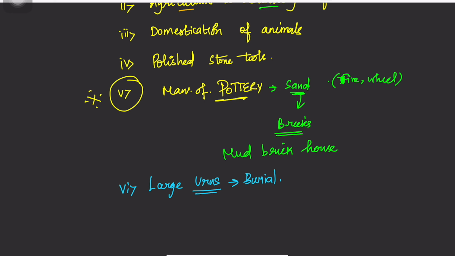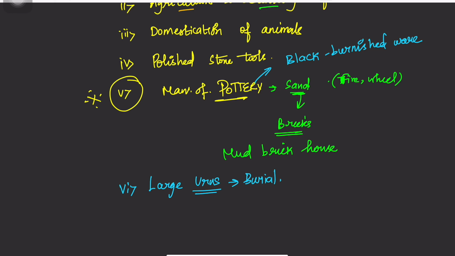Here you can say the pottery for Neolithic was black burnished ware or grey ware. Okay, black burnished ware pottery was used here. Then agriculture, domestication, everything was covered.